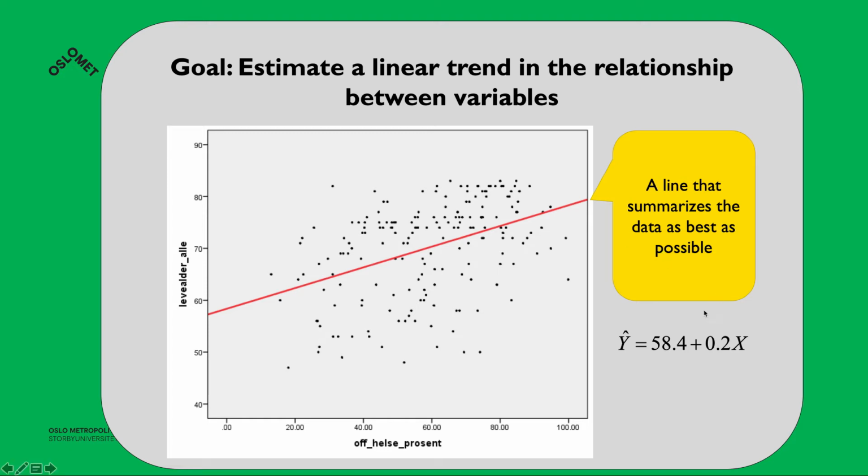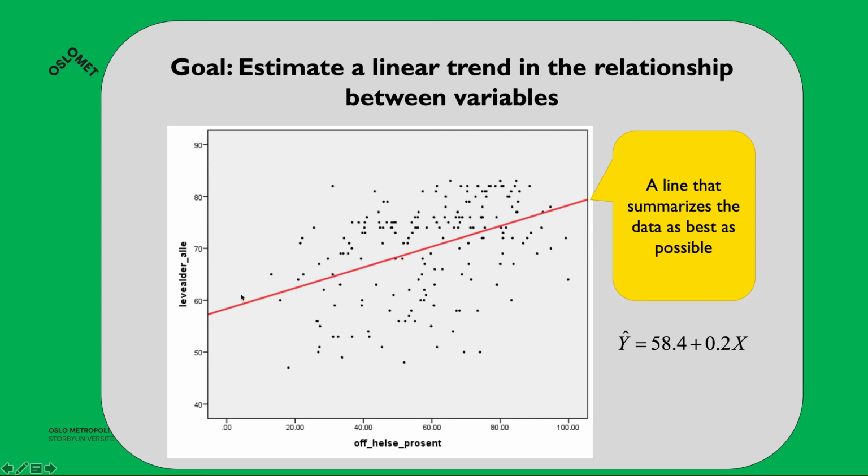And what we get is that the constant is 58.4 years. That means that in a country where the state's share of the total health expenditures is 0, x is 0, so this falls away, then the life expectancy is estimated to be 58.4 years.